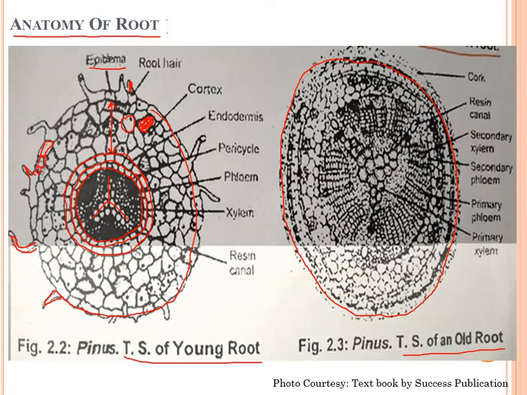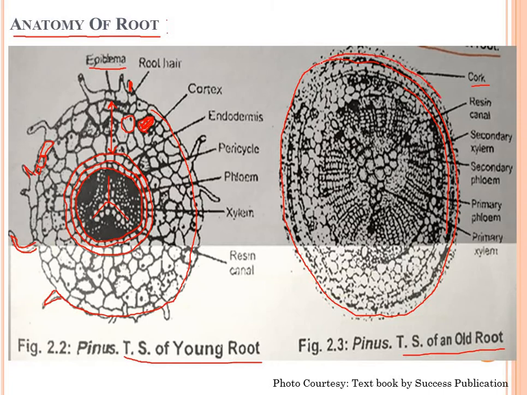The three layers, that is cork cambium, secondary cortex, and cork, jointly constitute the periderm. Actually this part is known as periderm, and periderm is made up of cork, then cork cambium inside, and finally secondary cortex is present.